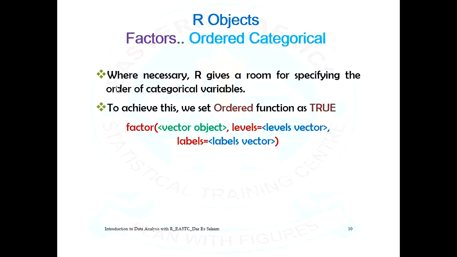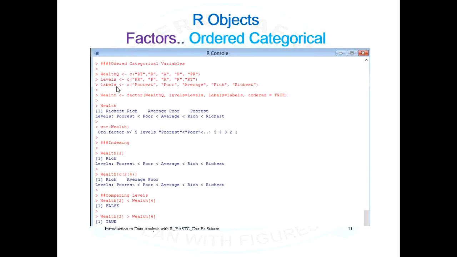So we have the weight quintals, levels, and labels. We want to make a factor variable for this. What we do, we simply type weight equal to factor weight quintals, levels, it is this much, and labels, this one right here. Now remember, weight quintals are grouped as rich, poor, very poor, average, things like that.